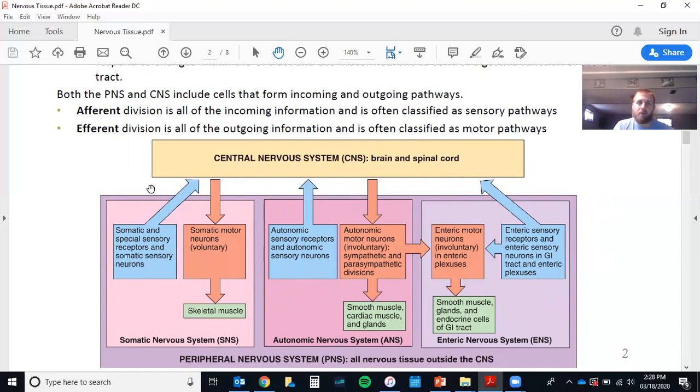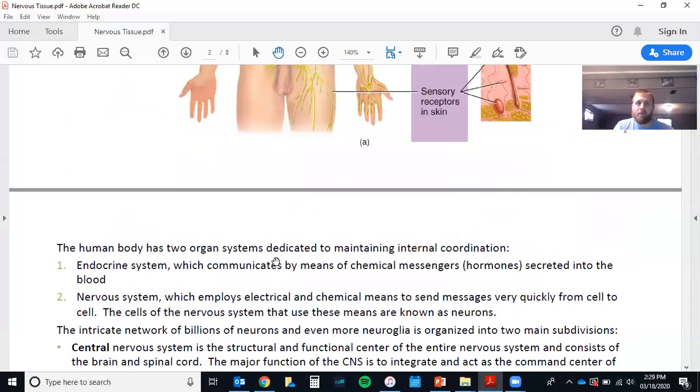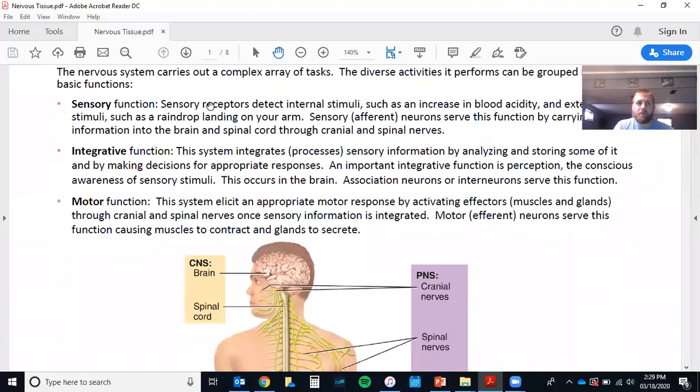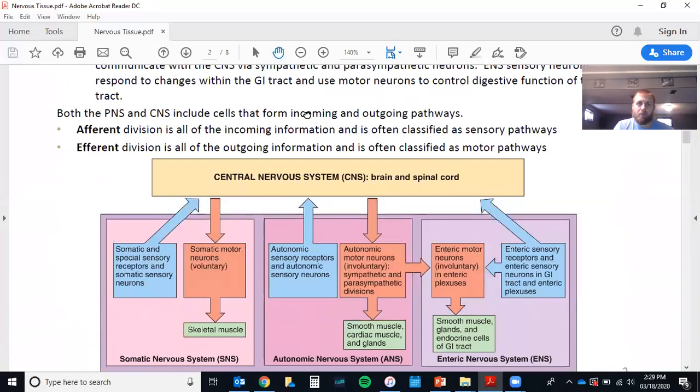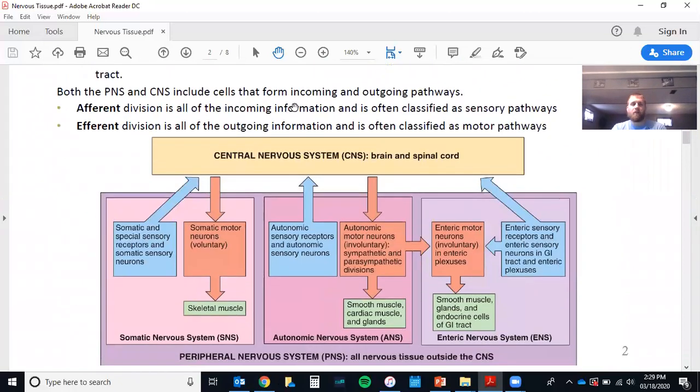So in relation to the brain and spinal cord, if the signals are going towards it, we call this the afferent division. Also, we can use the term sensory if we want to. And if you go back to that previous page, we said sensory afferent neurons provide us with the sensory function. So those terms are both synonymous with the incoming information.